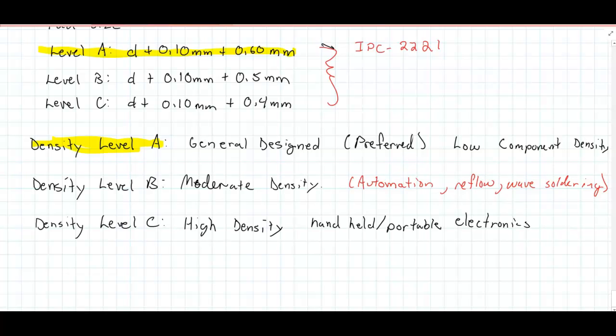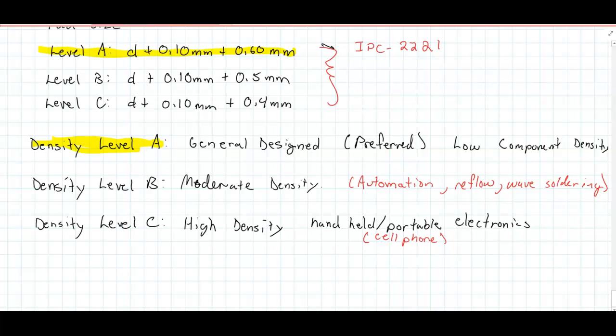So for instance, a good one here is, and you're not allowed to use this if I ever ask this question on an assignment, but your cell phone is going to be something that is a high density level C. Now for a high density, it has to be essentially automation.